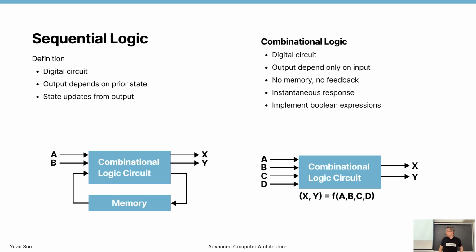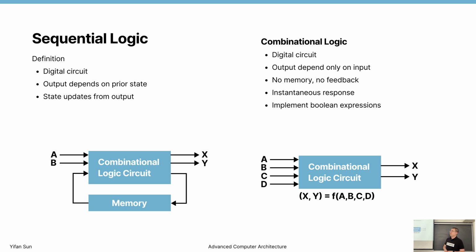So in today's lecture, we're going to talk about sequential logic. And sequential logic is on the other side of combinational logic. Remember last time we talked about combinational logic: it is basically a digital circuit that takes some input and always generates some output. We typically consider the results deterministic, and we almost immediately get the result. At least we don't need multiple steps to get the final result.